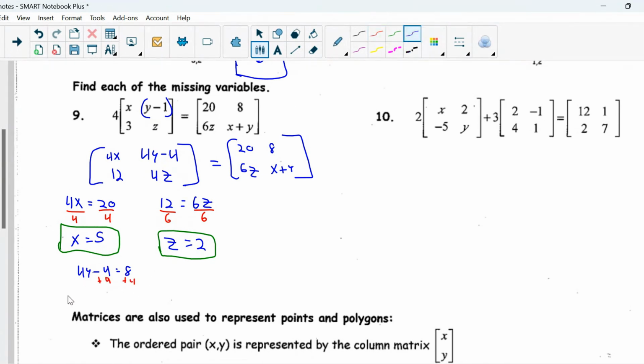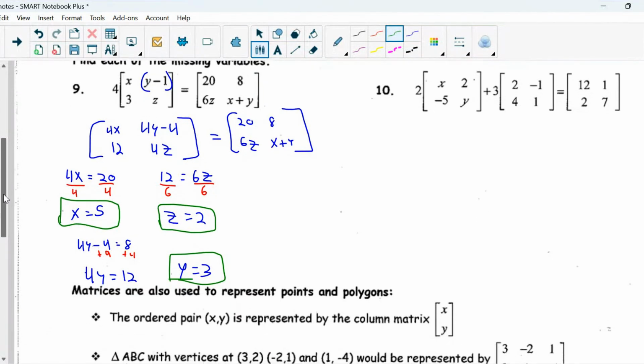That'll give us 4y equals 12, which, if we were to divide both sides by 4, we would get y equals 3. Here we go. We have solved for all 3 of our missing variables. Okay, go ahead and give number 10 a try on your own. We can save that one for class as well.